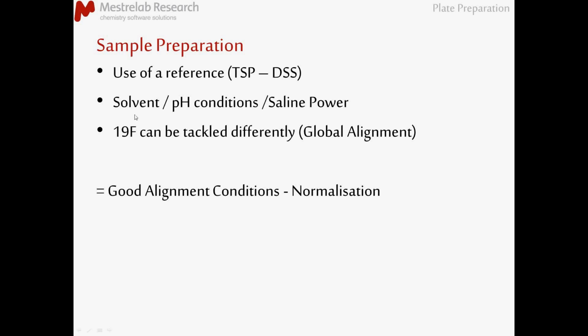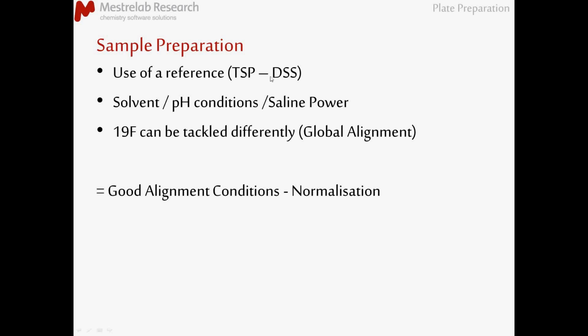Also, I'm not going to go through obviously all the full experimental setup, mainly because most of you will know about that. So you can very effectively plan for your solvent, pH conditions, saline power, etc. Now, there is one point that must be raised in here, and that is that for fluorine 19 type of experiments, having a reference in there is not going to be as easy. It's not incredibly difficult, but it's not going to be that easy.